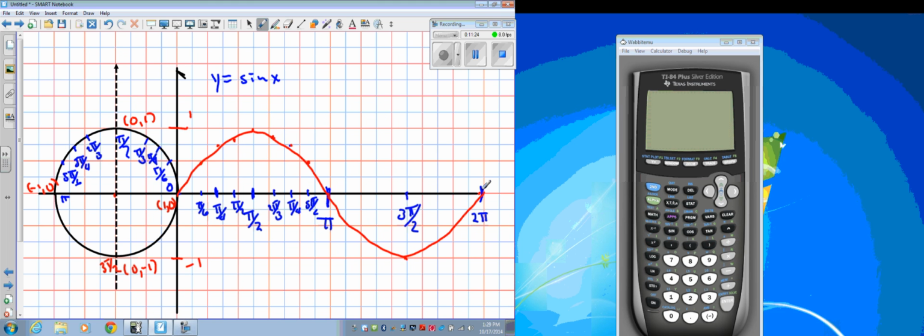Now, notice when you're talking about graphing it: at the beginning of the period, 1/4 of the way into the period, 1/2 of the way into the period, 3/4 of the way into the period, end of period. If I use those words, beginning of the period, I'm at 0. 1/4 of the way in, I'm at its maximum. 1/2 of the way, I'm at 0. 3/4, I'm at its minimum.